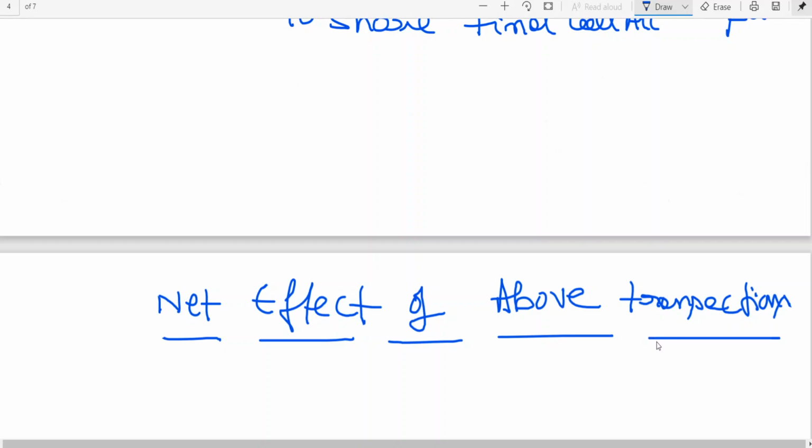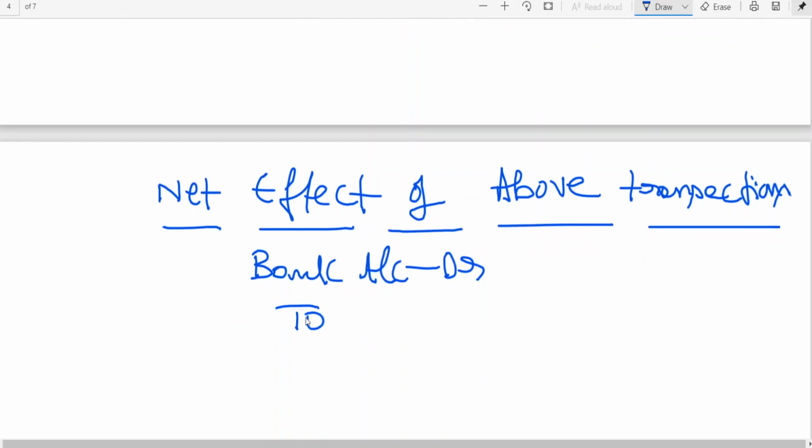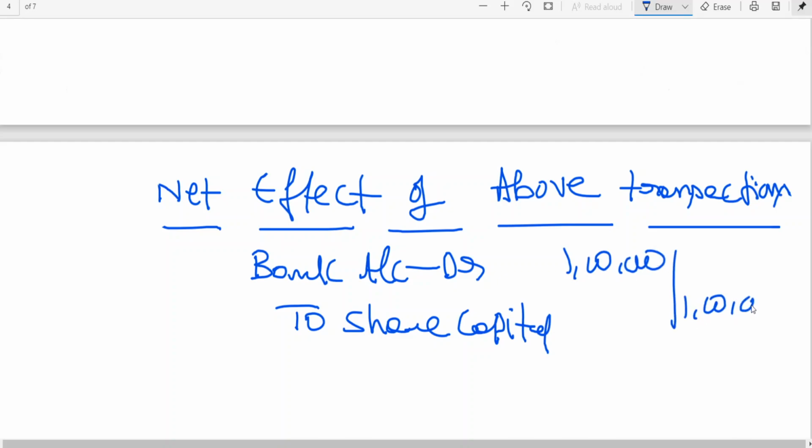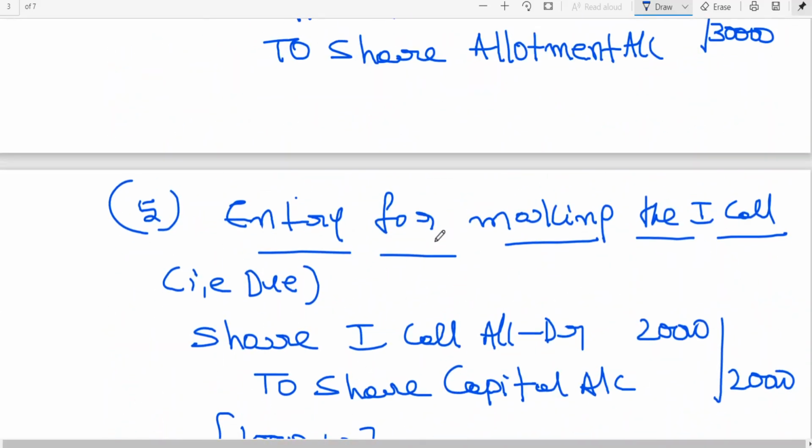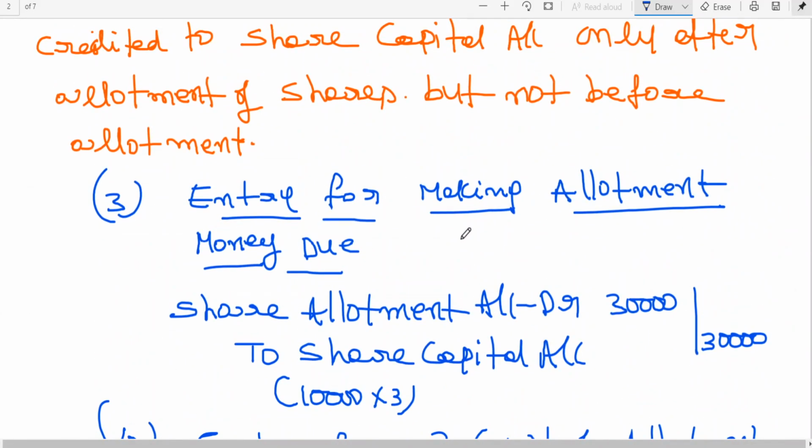I told you sole proprietor cash to capital, partnership cash to partners' capital, company bank to share capital. I think we need to prove that. Bank account debtor to share capital, one lakh. Sir, how? You have written so many entries, how can you say this one lakh? I'll prove that. See, you can see one thing.